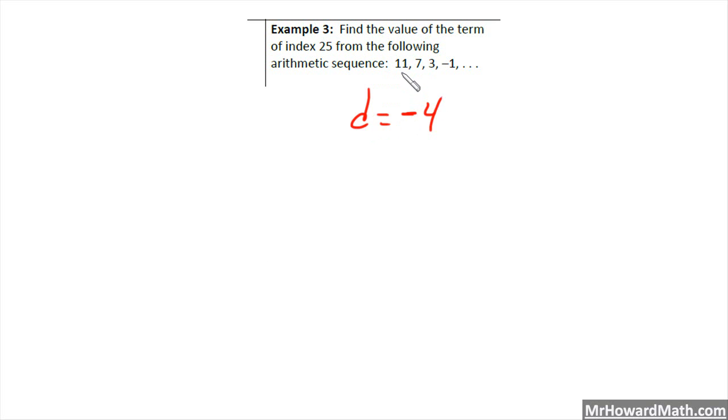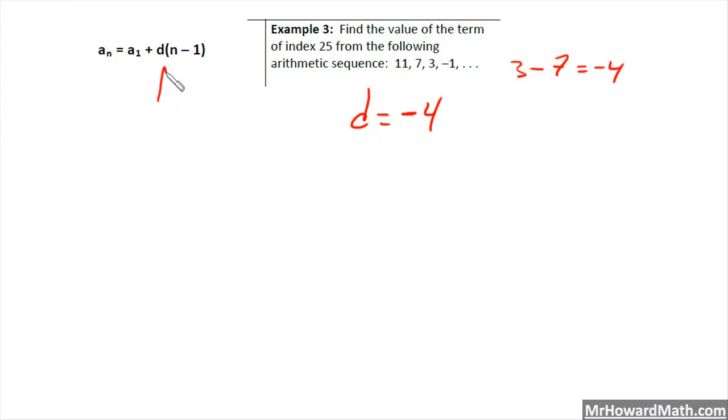We can see that because we have successive terms here that we can use. So 3 minus 7 is one way we could do it. 3 minus 7 is negative 4. So we take this term, subtract it by the one before it. So the d value is negative 4, and let's paste in real quick that formula so that we can work through that.